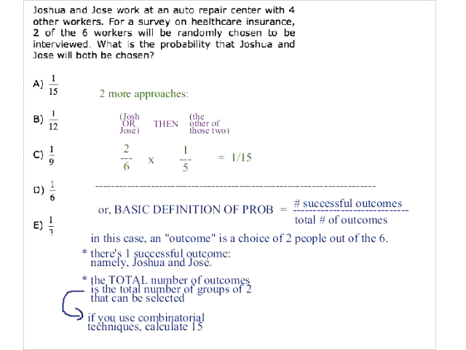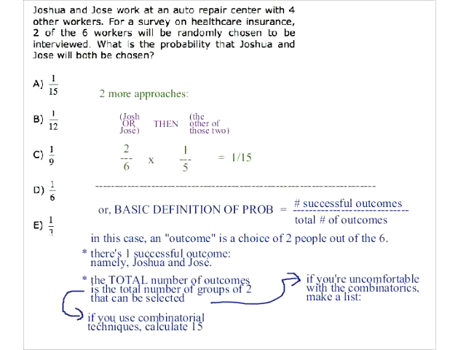If you don't know combinatorial techniques, you could just make a list. It doesn't really take very long. If you're uncomfortable with the combinatorics, then make a list. Let's say Joshua and Jose are people 1 and 2.